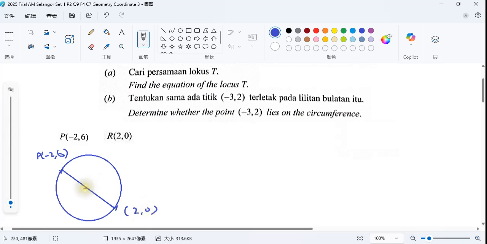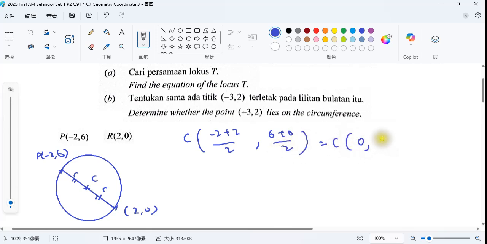So with the diameter, we can have the radius and the center. The center is the midpoint of PR. So we have negative 2 plus 2 over 2 and then 6 plus 0 over 2. So the center of the circle will be 0, 3. Okay, so the radius is equal to CR or CP.